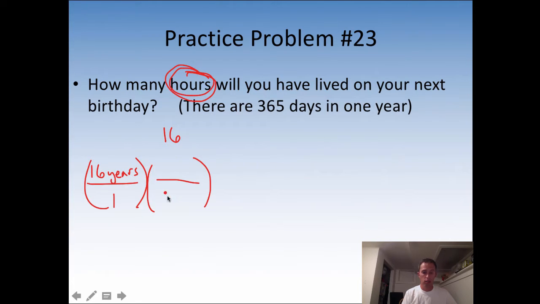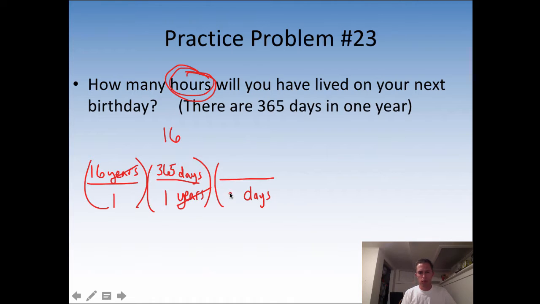Okay, so if years is on top, years has to be on bottom. Let's do a conversion factor that goes from years to something smaller. Let's go to days. There's 365 days in 1 year. Oh, now my years can cancel out, so I draw a line through it. Okay. I've got days on top. I better have days on bottom.